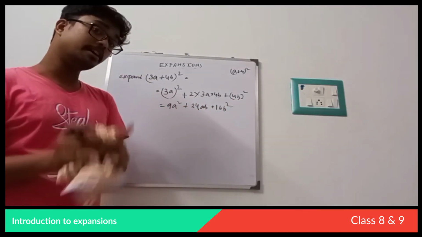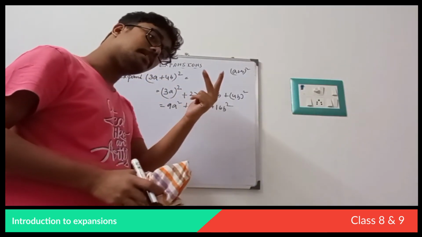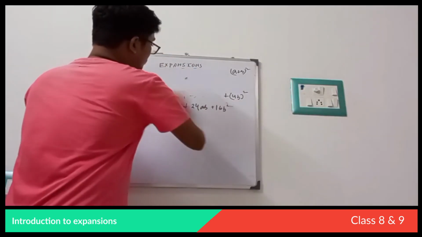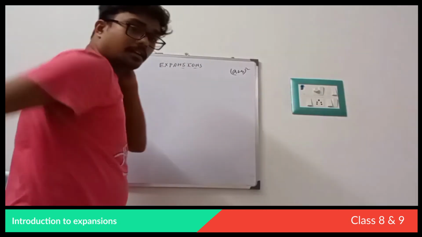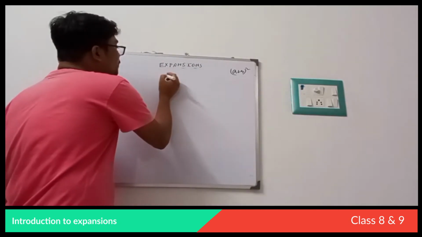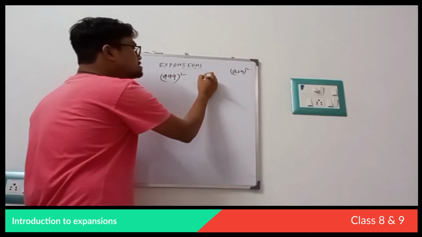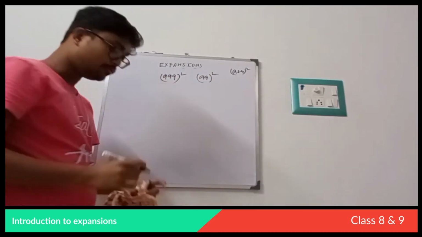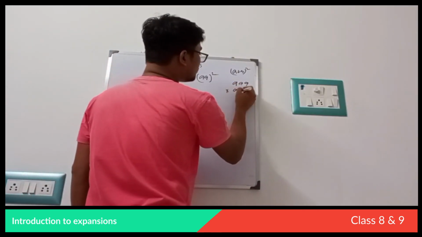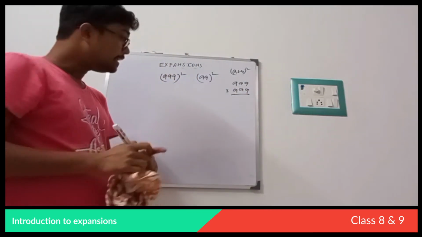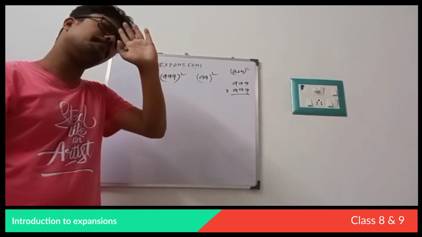Now I will show you an interesting problem applying this a plus b whole square and a minus b whole square. Look very carefully. If I give you a problem, find 999 square or 99 square, how will you do? You do 999 into 999. It will take 4 to 5 minutes, or minimum 2 to 3 minutes.